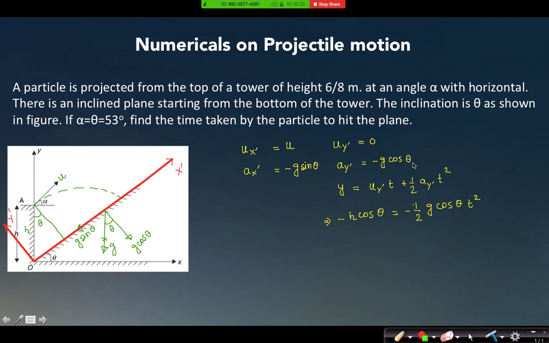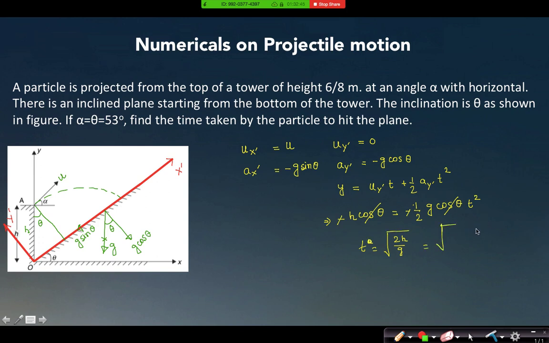Now minus minus will get cancelled out and cos theta will also get cancelled out. So t square will be twice h by g, right? So the value of t should be this one.